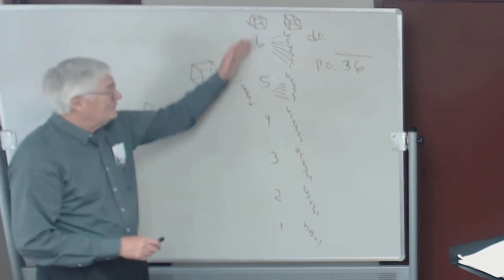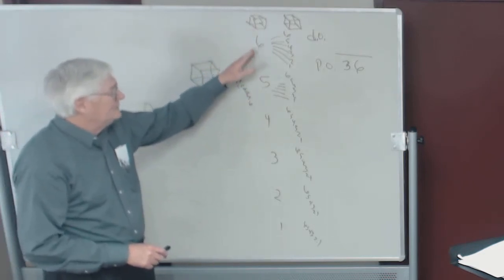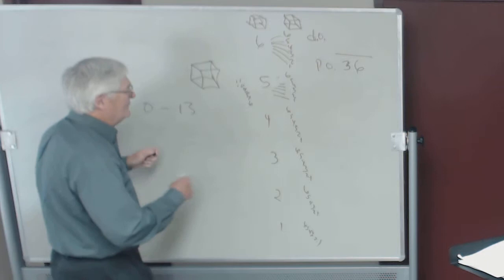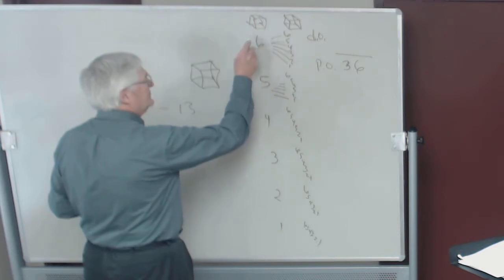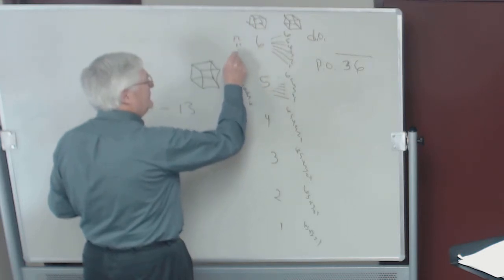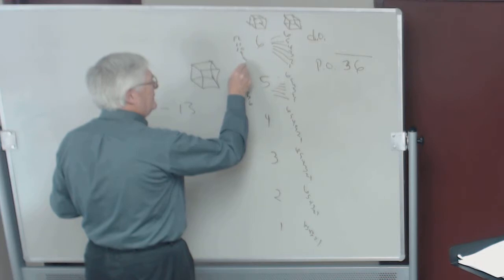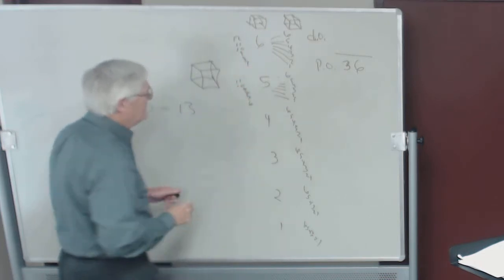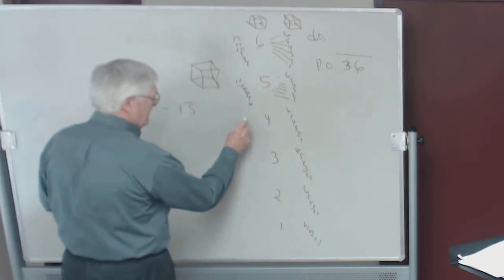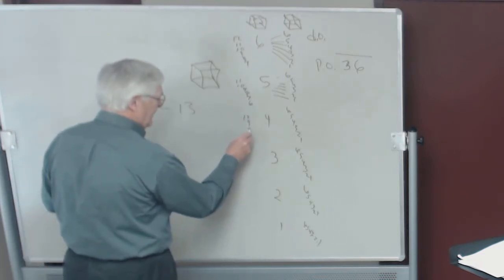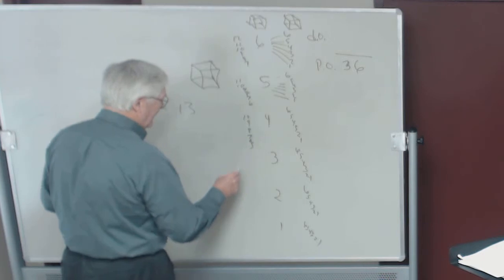Because if the first one's a 6, 6 and 6 is 12, 11, 10, 9, 8, 7. And then this is 10, 9, 8, 7, 6, 5.